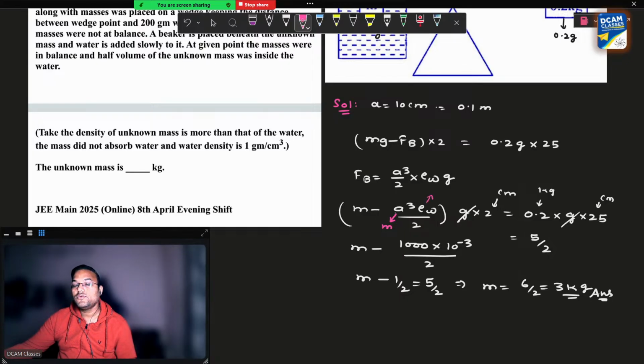And also rho water that I am taking should be in kg per meter cube. That's why I have taken rho water as 1000 and A as 0.1 meter. Understood? Otherwise things will go wrong.